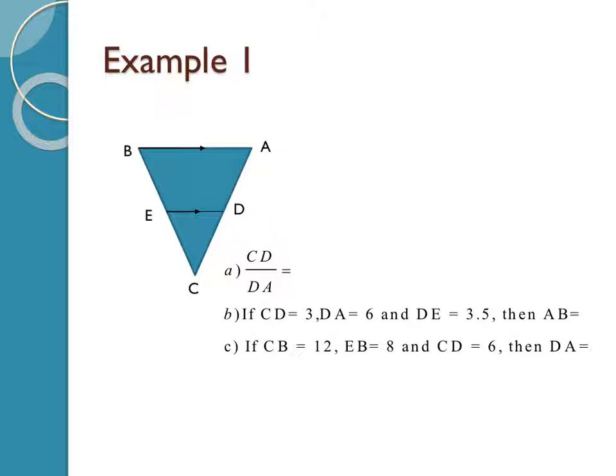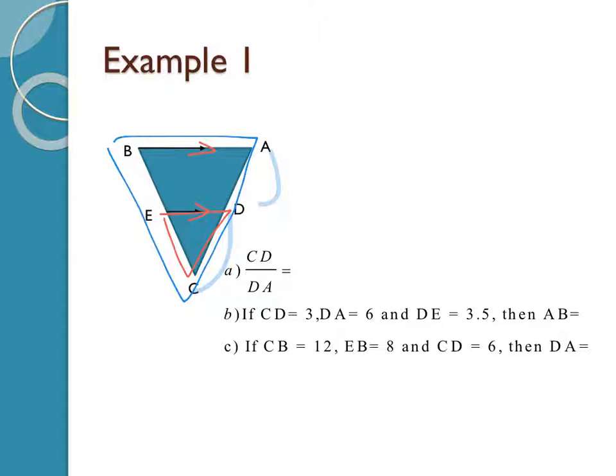So again, we've got our parallel sides, and we could show that the triangles are similar. So because this little triangle is similar to this big triangle, I know my sides are proportional. So the first proportion that they're writing here is CD over DA.